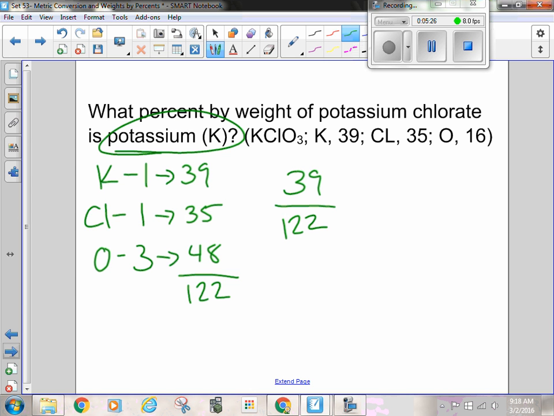Let's round it to 2 decimal places. So that puts us at 31 point, I think it was 97. Let me just double check on my calculator here. Yep, it was 967, so that tells us it rounds to 97 for 2 decimal places. All right, there you have it for set 53.